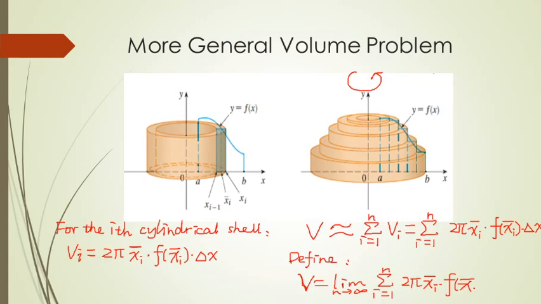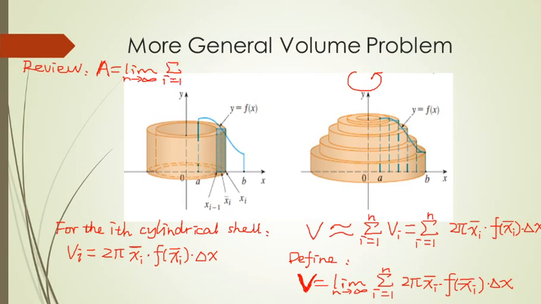Then the next question: how can we define the volume of the solid as a definite integral? Let's review the area part. We can define the area as the limit of the Riemann sum as n approaches infinity.